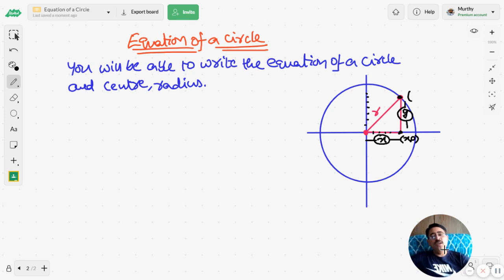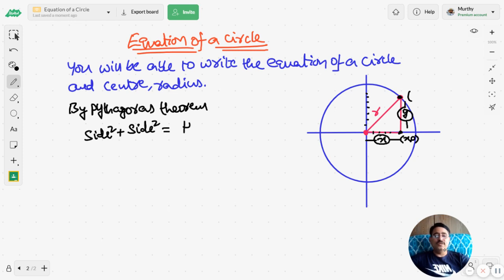By the Pythagoras or Pythagorean theorem, side square plus side square equals hypotenuse square. What is the hypotenuse here? You can see that it is r, or radius.